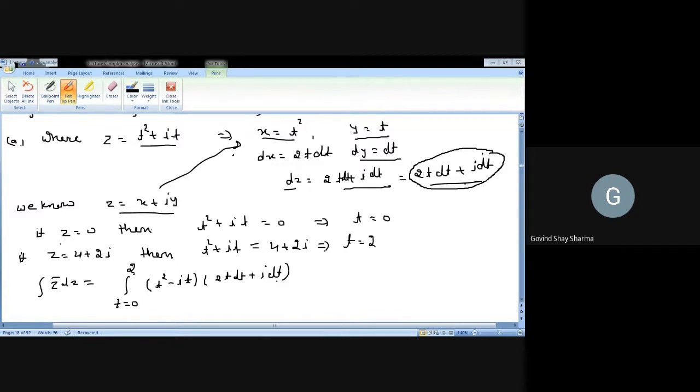Now z is equal to 0 gives t square plus iota t equal to 0, so t is equal to 0, and z equal to 4 plus 2 iota gives t equal to 2.